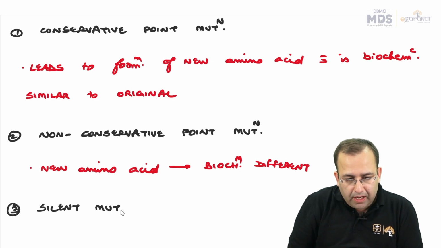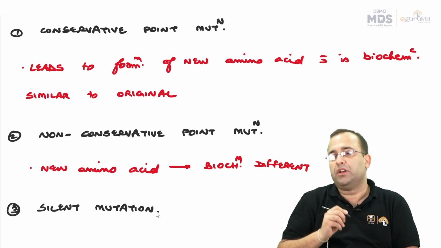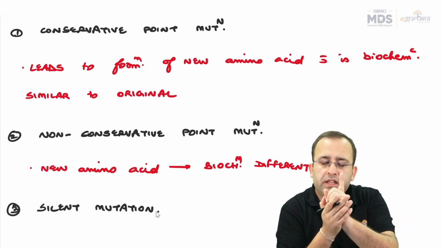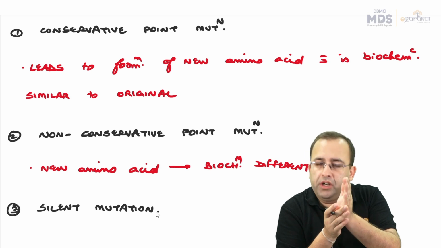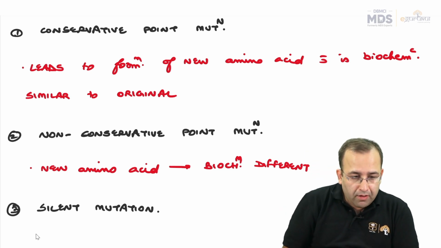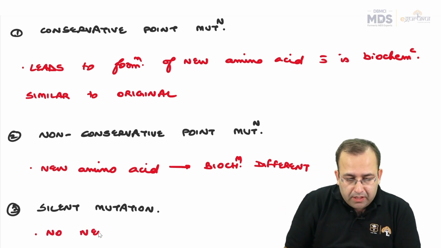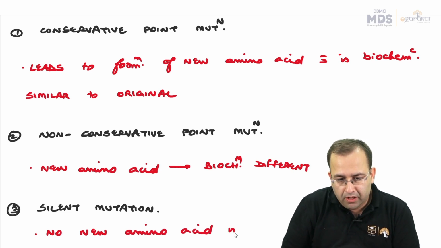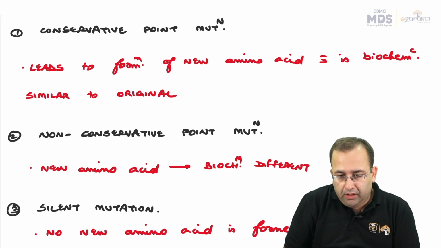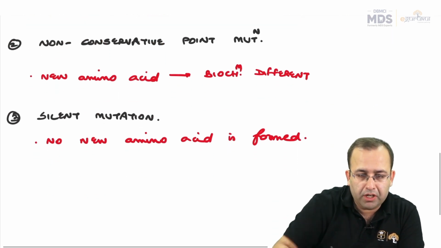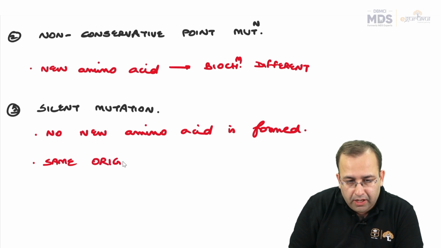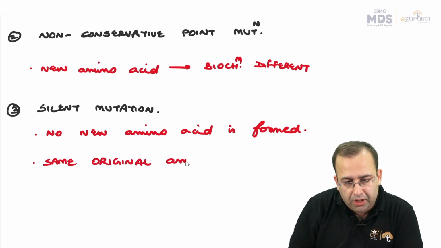Next is a silent mutation. Silent mutation means a point mutation occurred, a single nucleotide got altered, but no new amino acid is formed. It is the same original amino acid only.